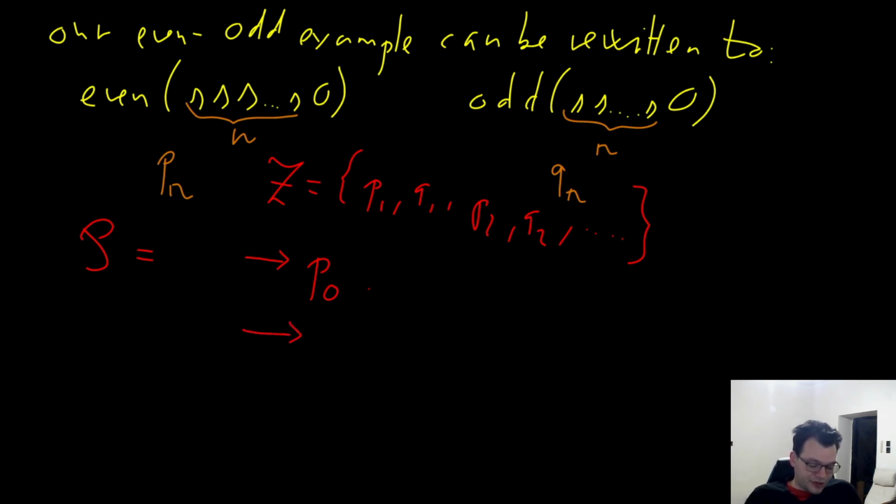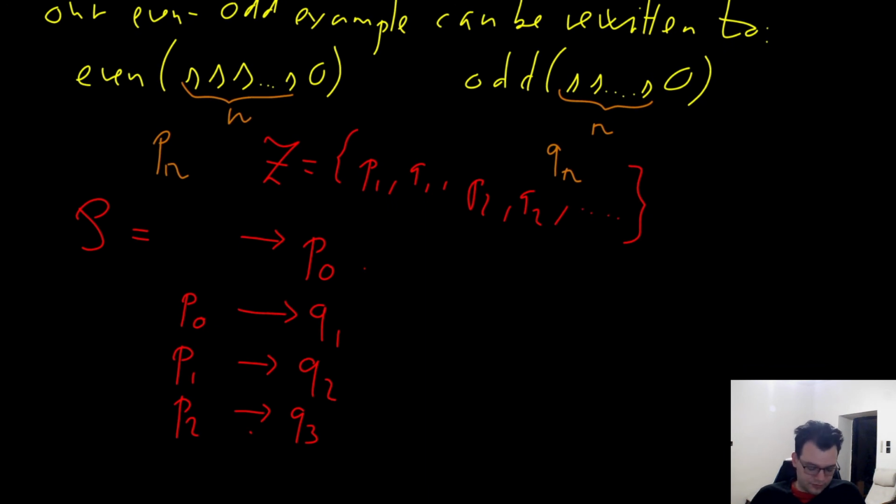For the other, so if 0 is an even number, then 1 is an odd number. So this is the Herbrand extension coming from one of the clauses. P2 implies Q3, and so on, dot, dot, dot.